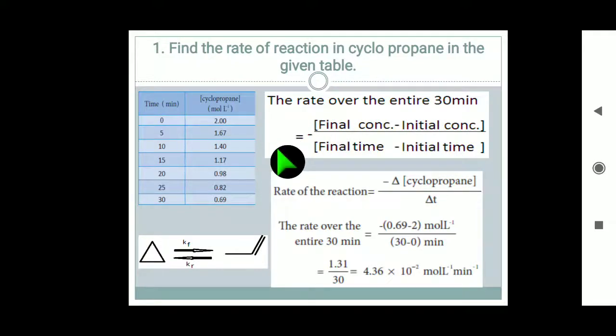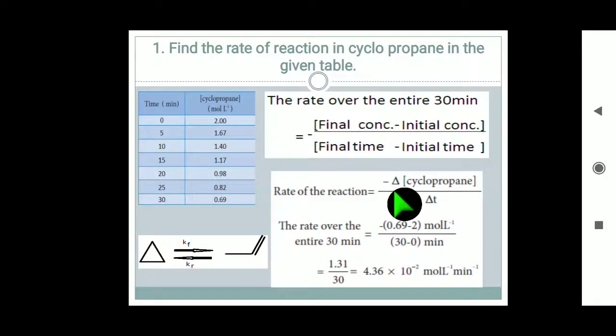First, we can find the rate over the entire 30 minutes. So how to find the rate? So minus change in the concentration with respect to the time.